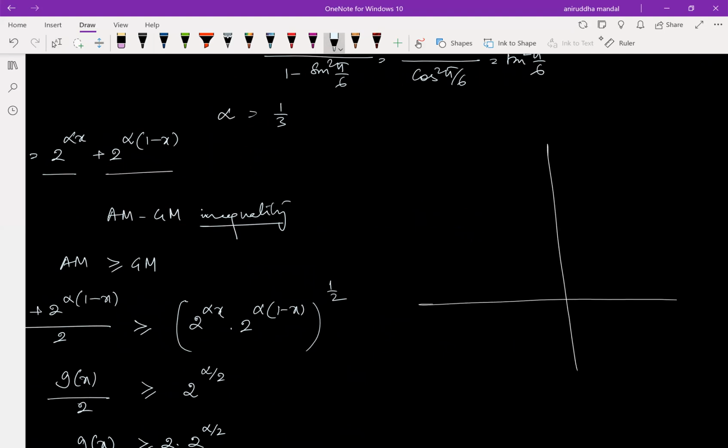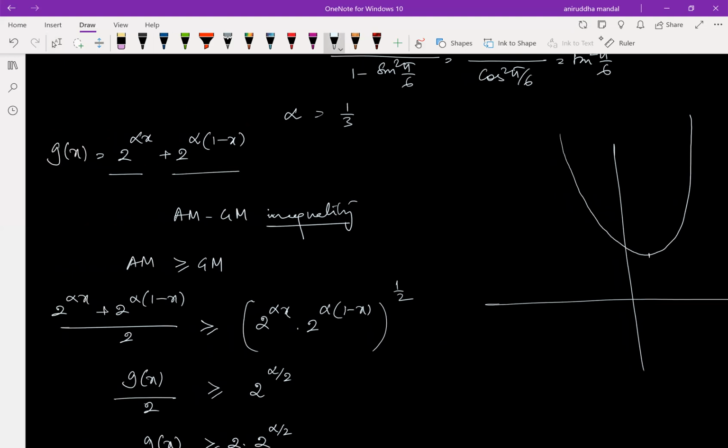Okay, so g(x) graph means this will go to this. Why am I shifting to this point? Because if g(x) is 2 to the power alpha x plus 2 to the power alpha into (1 minus x), this graph's minima would be at x equal to 0.